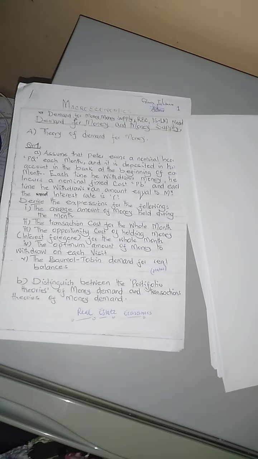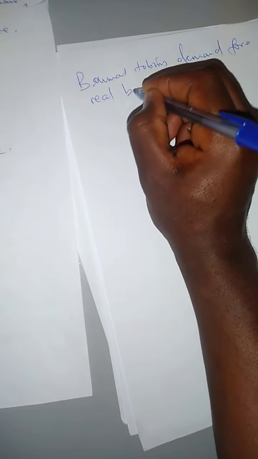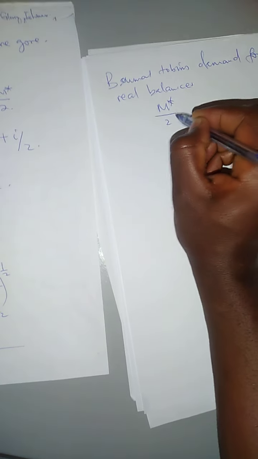So the Baumol-Tobin demand for real balances is equal to M star over 2.